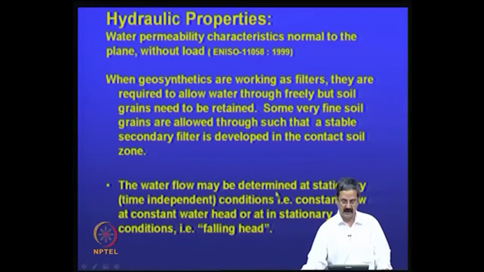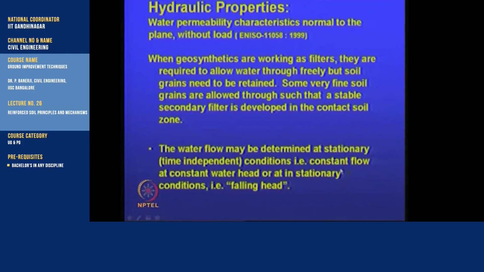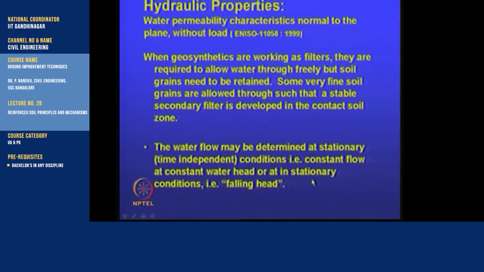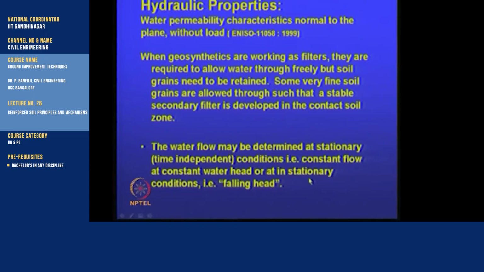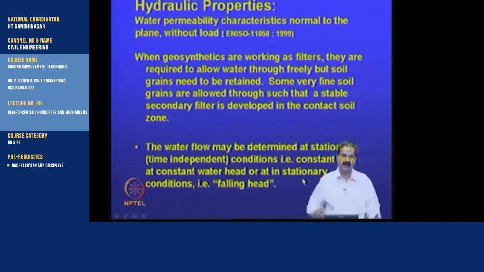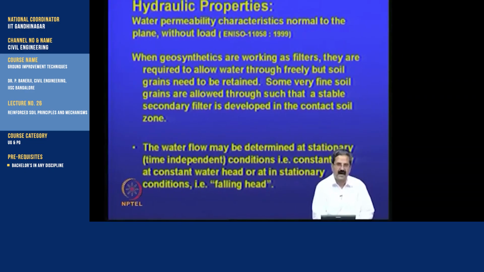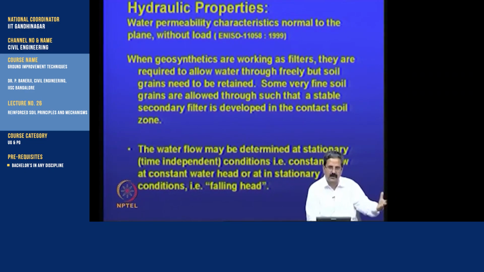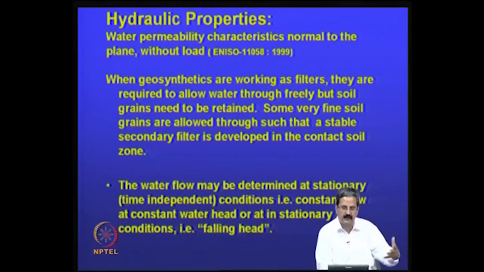Water flow may be determined at stationary conditions, and these tests depend on whether it is constant head or falling head, which one needs to do properly, because we should assess the field hydraulic conditions. For example, if the hydraulic gradient is not going to be very high, then it is fine, and you can do a simple constant flow type of test.